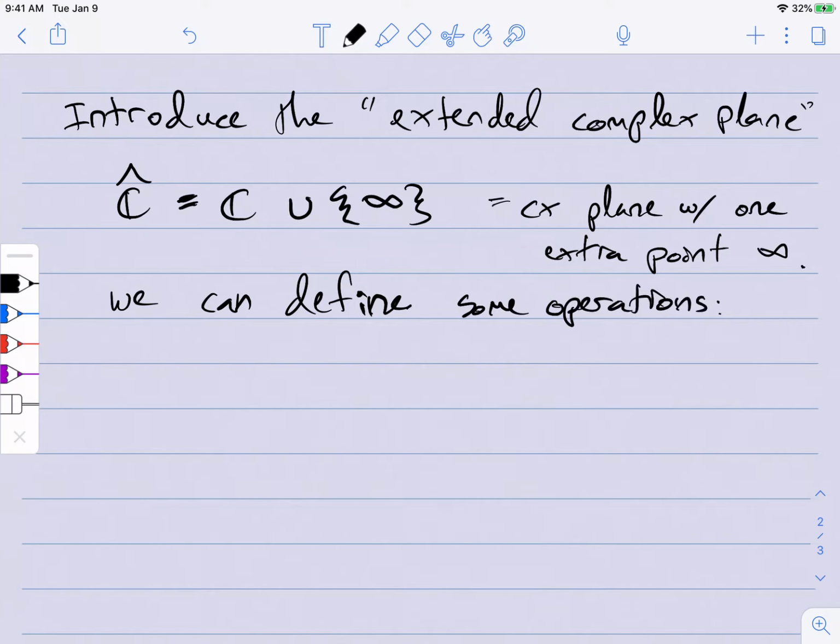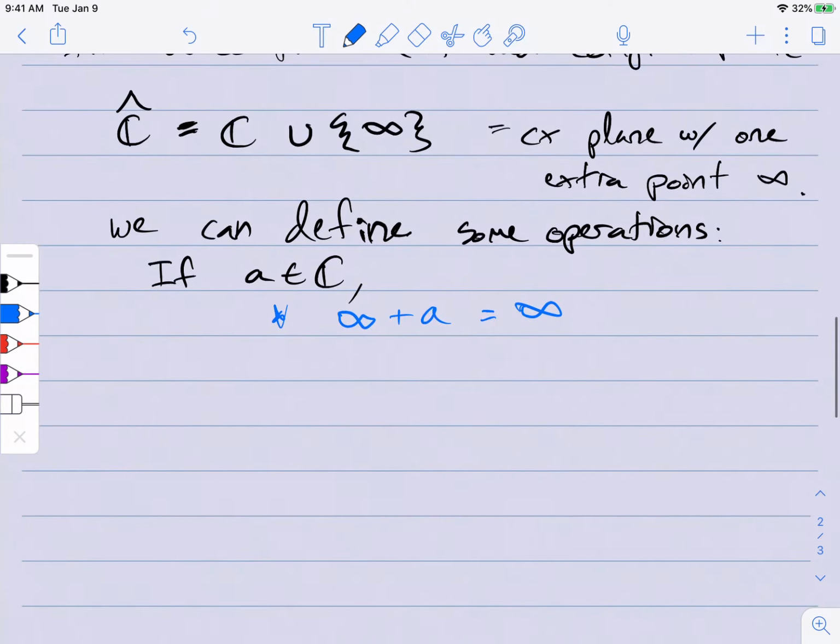So for instance, if a is a complex number, so if a is in C, we can define the following. I'll define infinity plus a to be equal to infinity. If I add a finite number to infinity, I get infinity. Similarly, infinity times a is equal to infinity for any complex number, except for 0.